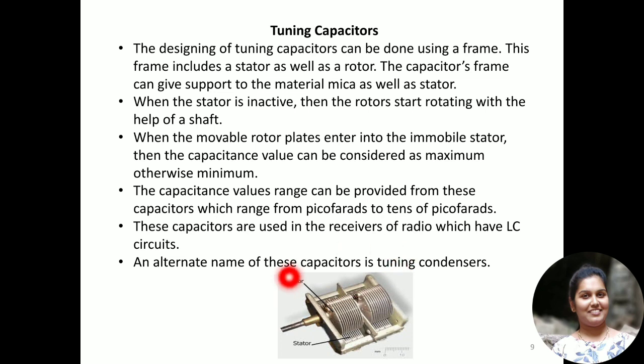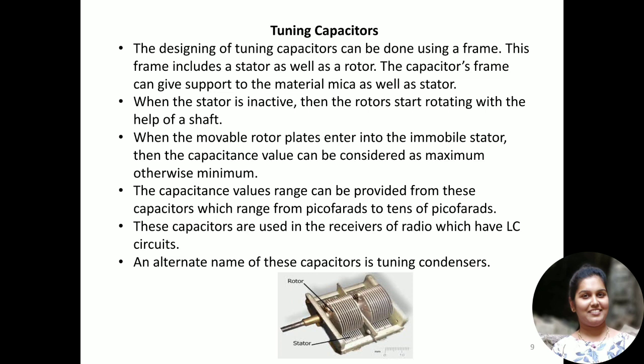On the frame we will have a stator and a rotor, and this is nothing but a shaft. The designing of the tuning capacitor will be done using a frame, and this frame will include a stator as well as a rotor. The capacitor frame is just to give support to the material, like mica, as well as the stator.